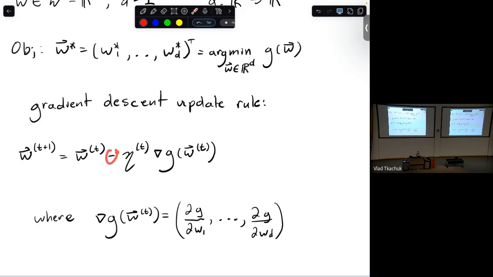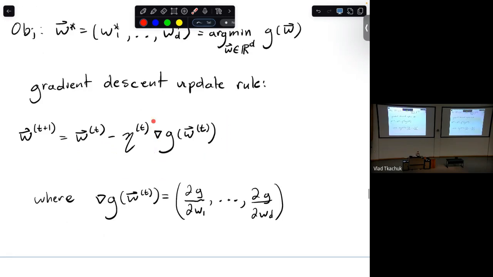So this is the negative gradient, and then it's governed by some step size multiplied by it. And of course, this thing is a vector. I can write that: this guy here is an element of R^D.